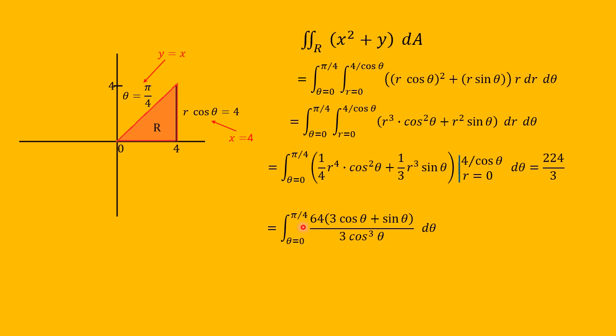That's fairly complicated, but we want to integrate this with respect to theta, theta going from 0 to pi over 4. So we do that integral. It turns out to be this stuff as far as antiderivatives go. Using the fundamental theorem of calculus, we'll plug in theta equals 0 and pi over 4, and we get 224 thirds.